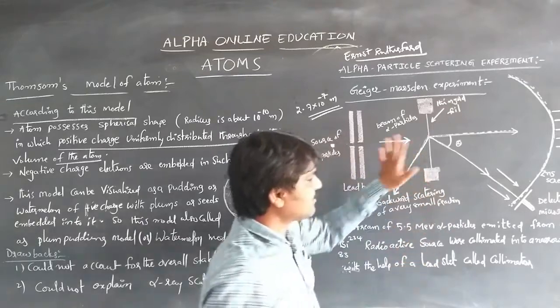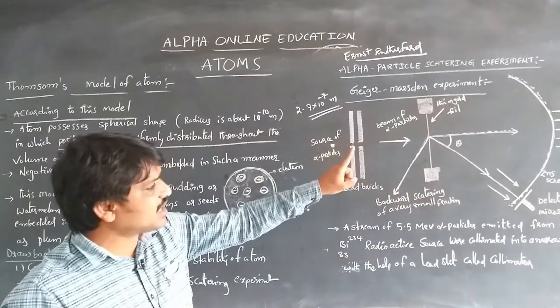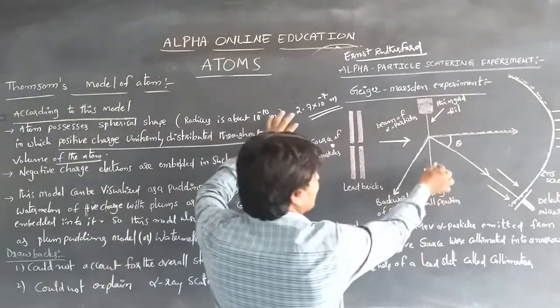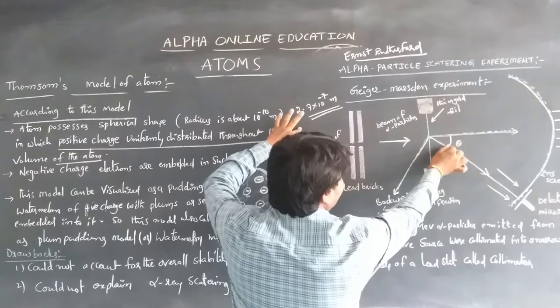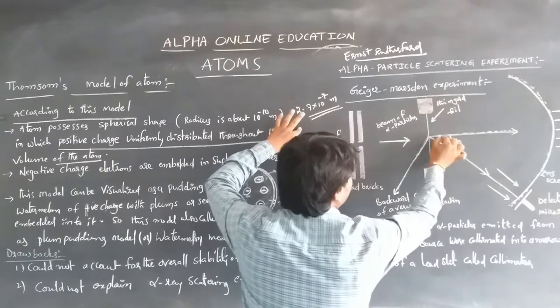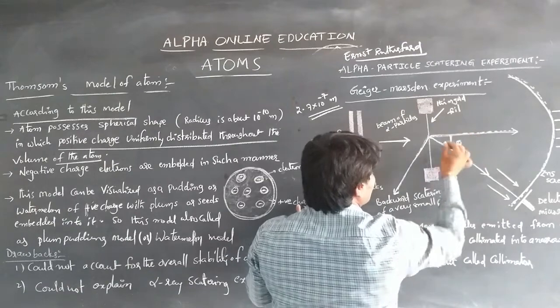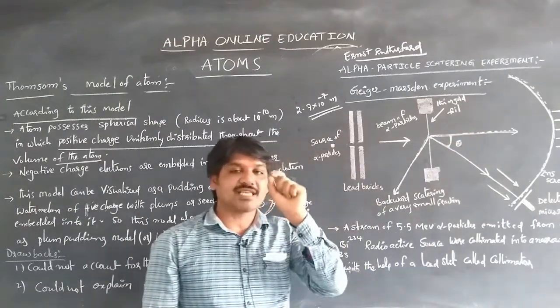So here we can say that the angle theta of deviation of an alpha particle from its original direction is called the angle of scattering.